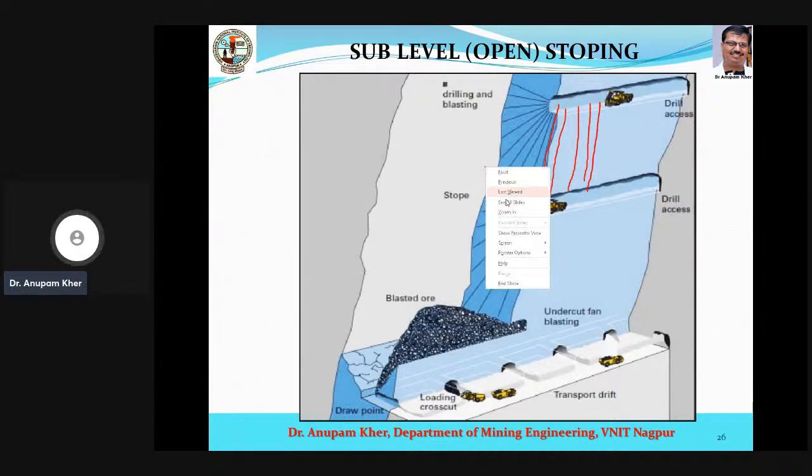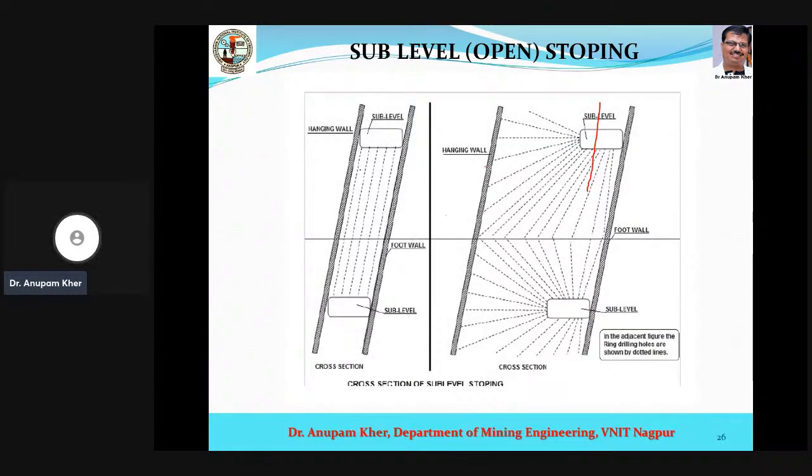Okay, so these are the two options we will have. We can see on one side, from one sub level to another sub level, the vertical holes are drilled, and on the other side the ring drillings are being used. The left hand side method, in many cases, is also called the VCR method.